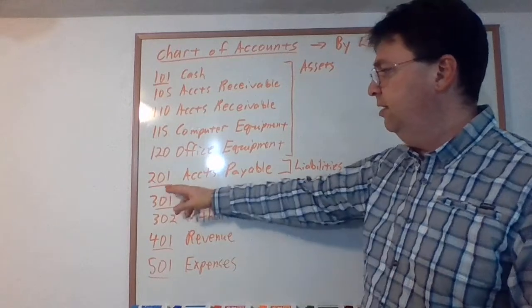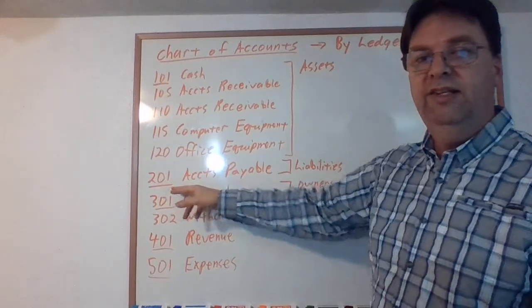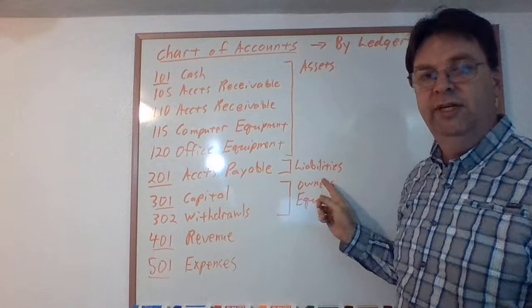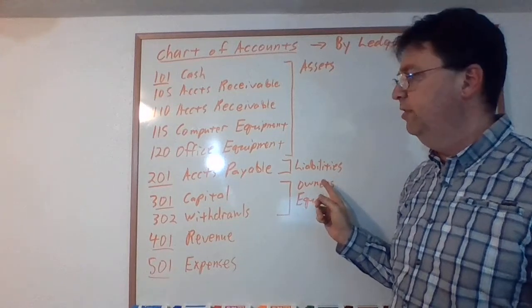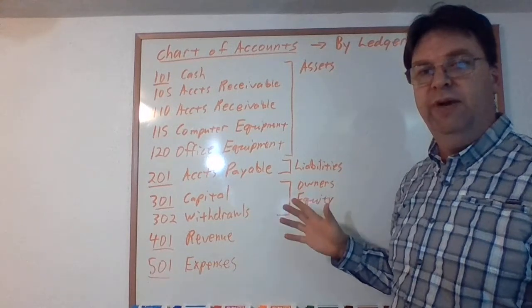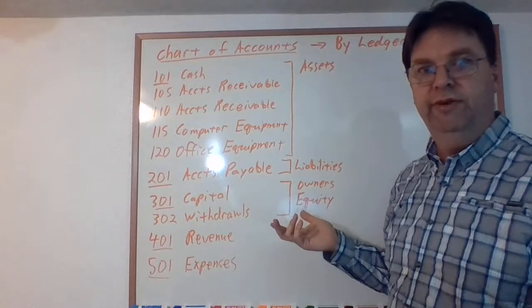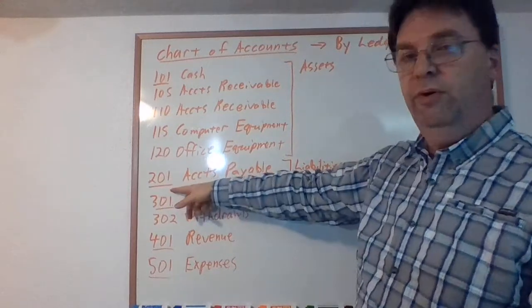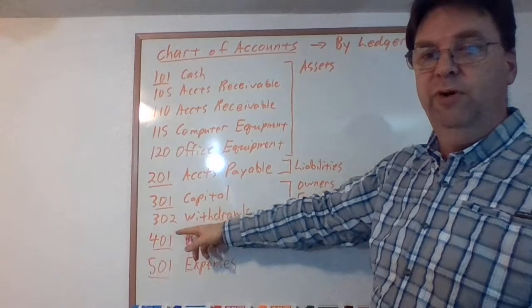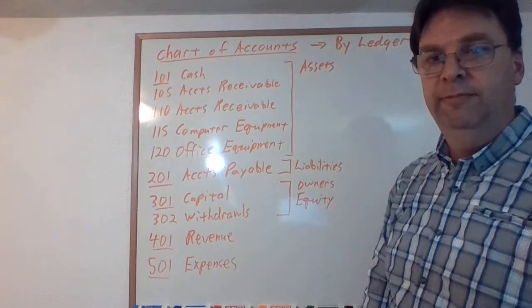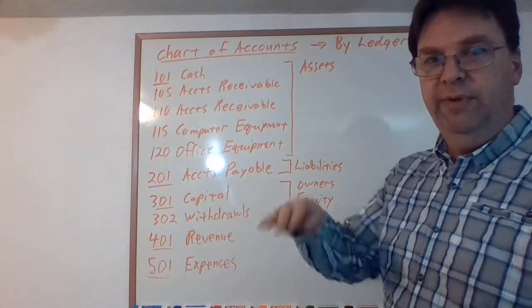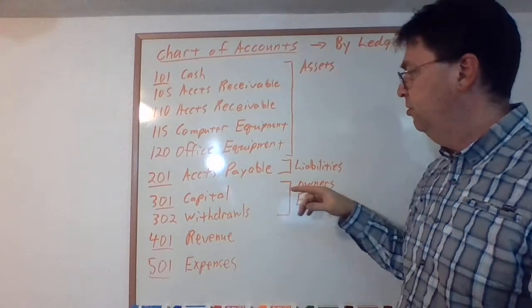Now, anything in the 200 category is a liability. Okay? So the liabilities are all numbered with 200s, and you never use the round number like 200. You always start with 201. So you notice 301, 401, 501, those kind of things. We don't use the round number because it's always the next one up. We start with 201.